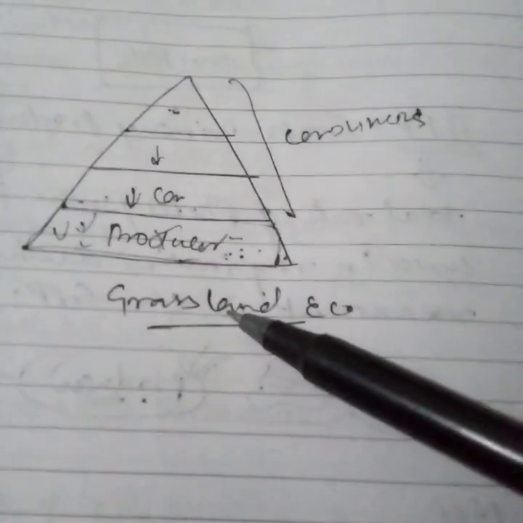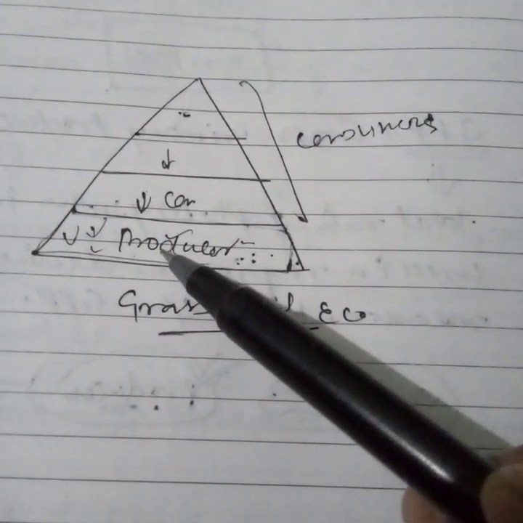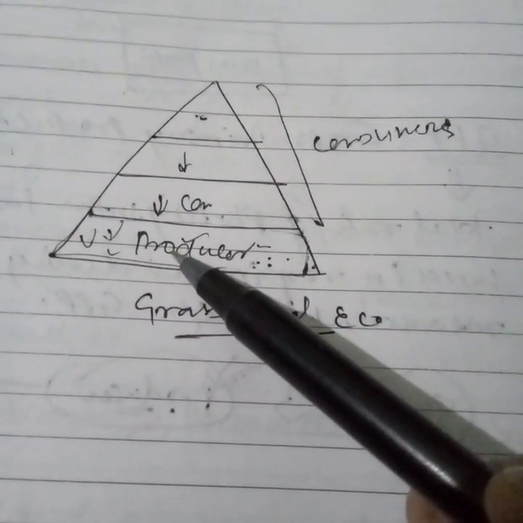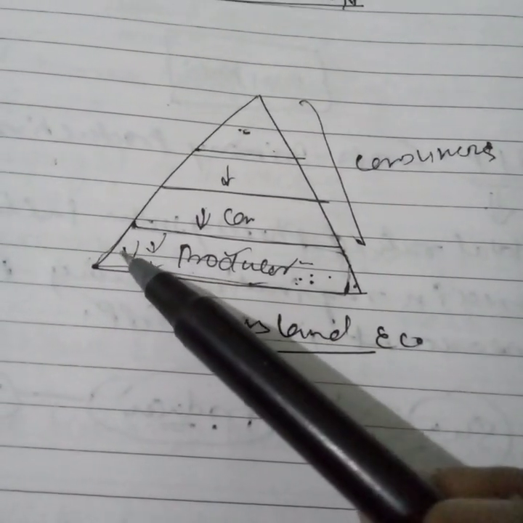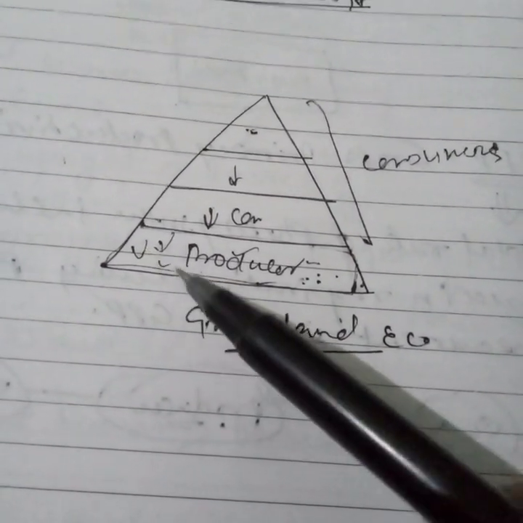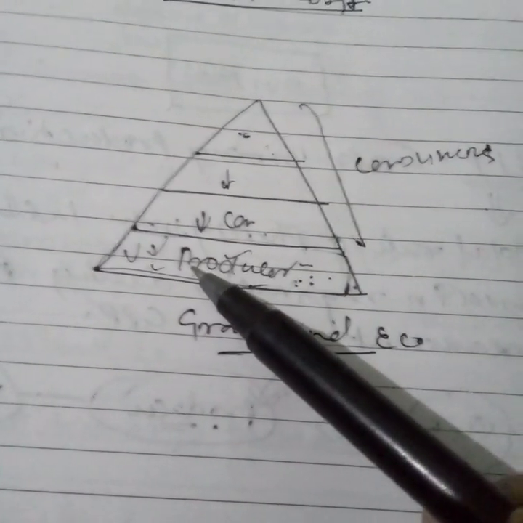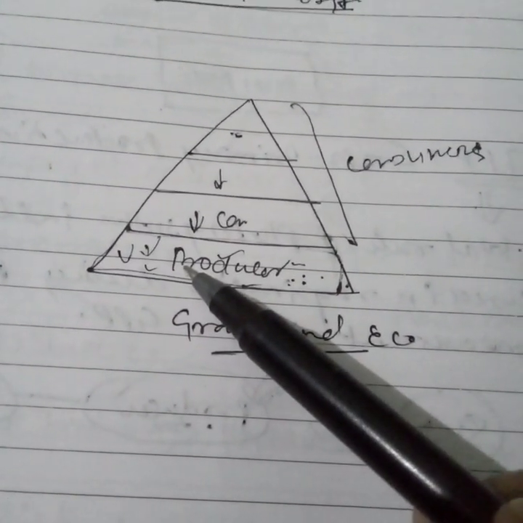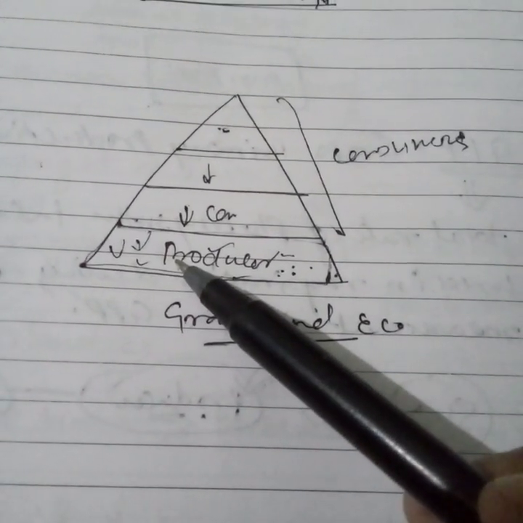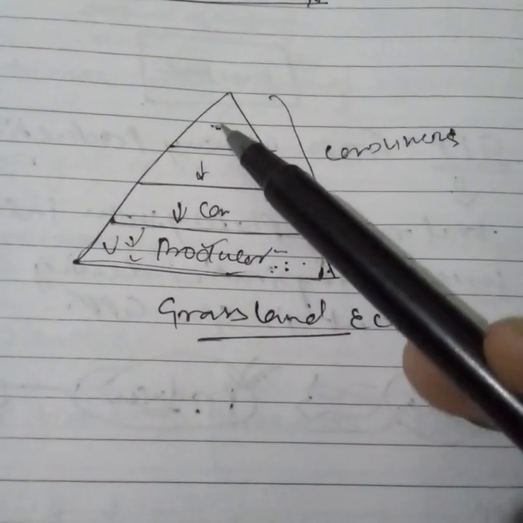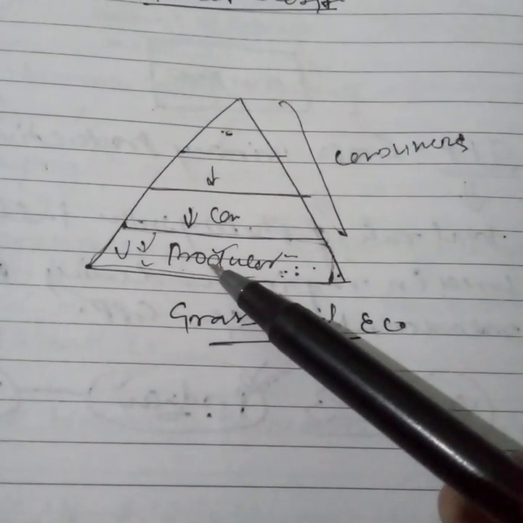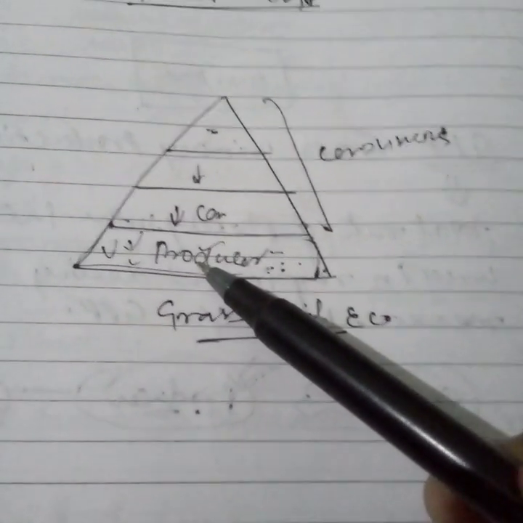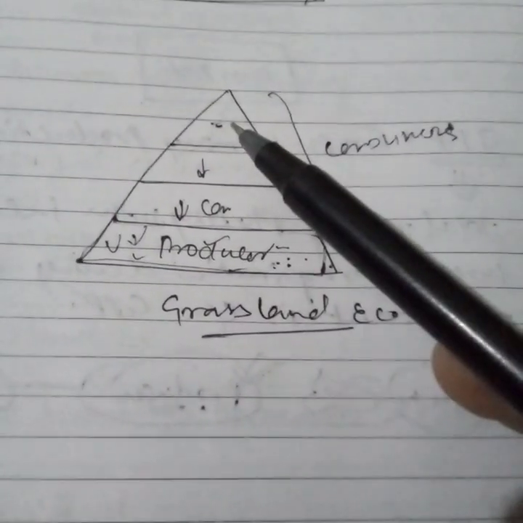Because in the grassland ecosystem, we know the first trophic level is occupied by the producers, meaning grasses. So the base of the trophic level has different kinds of grasses, and their number is also higher as compared to the consumers. That's why in the grassland ecosystem the pyramid of numbers always shows an upright shape.